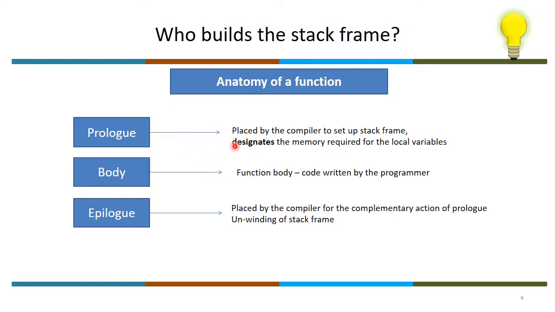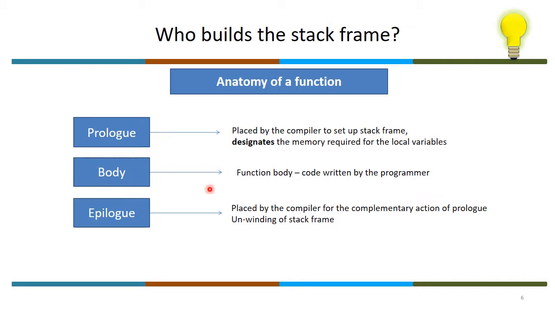The prologue is placed by the compiler to set up a stack frame and designate the memory required for local variables. Mark my words: designate. The compiler will not allocate; it only prepares the stack frame for the allocation, and the allocation is done by the kernel at the time of execution of the function, or just prior to the start of the function.